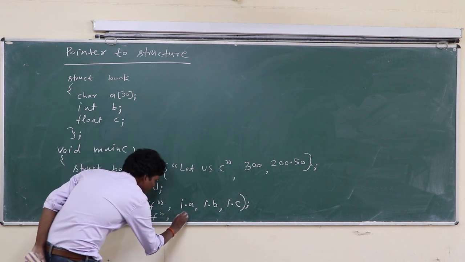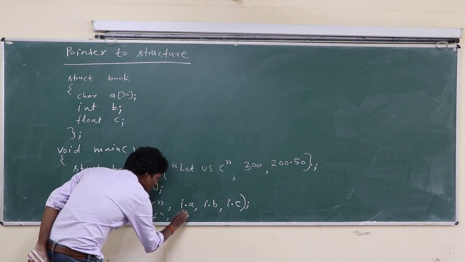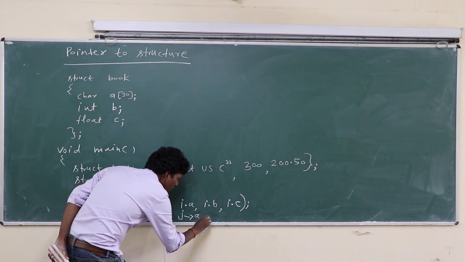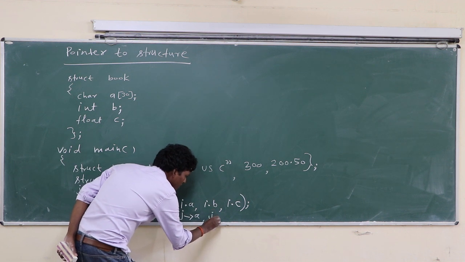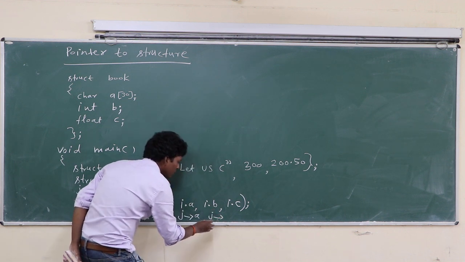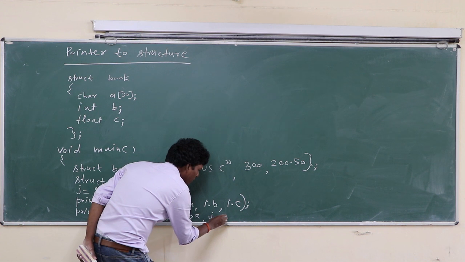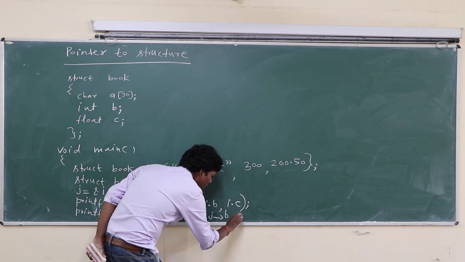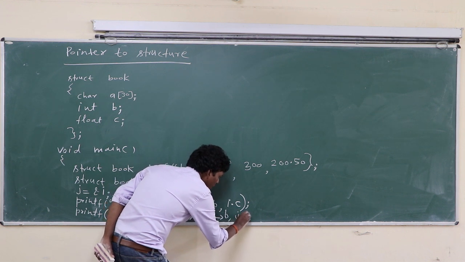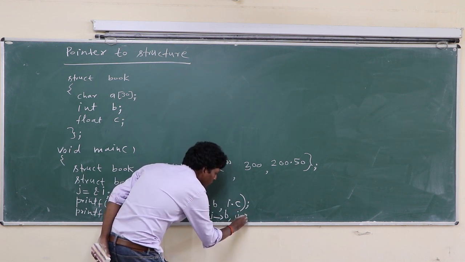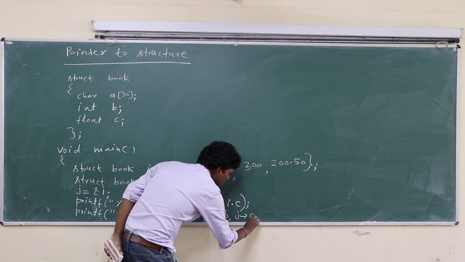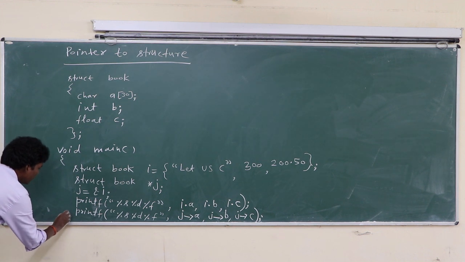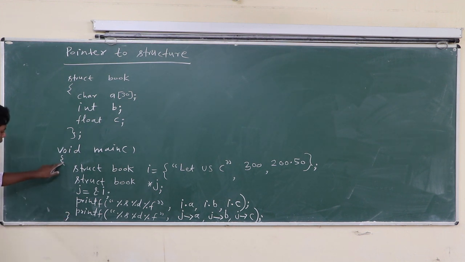Here j arrow operator a comma j arrow operator b. This is not dot, this is the arrow operator. Class, comma j arrow operator c, and this main function is closed here.